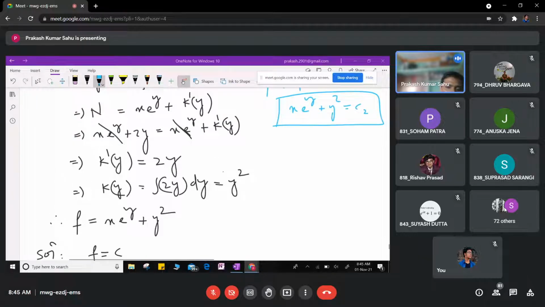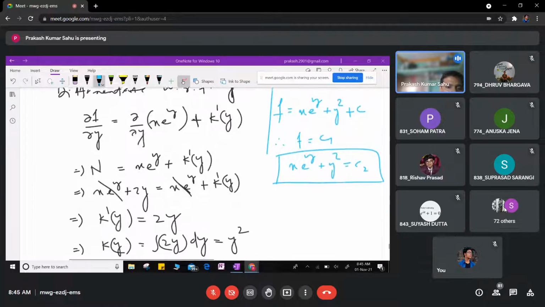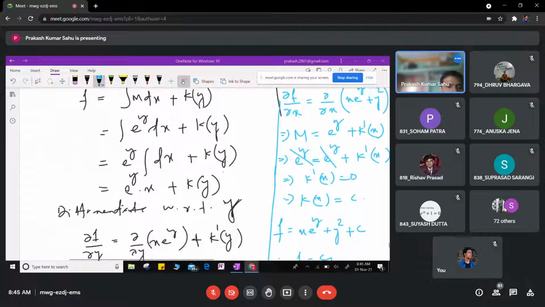So in this question, you can see in this procedure, so your f. देखो. So when you find the f, you see this is some function plus k of y. This second term is what? Only the y term. Only the function of y. Okay, you remember this one.